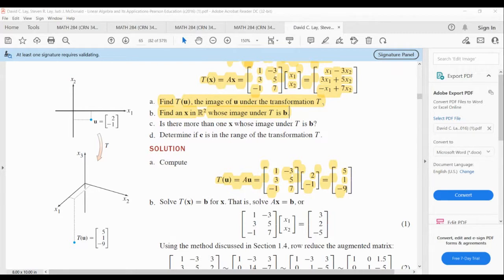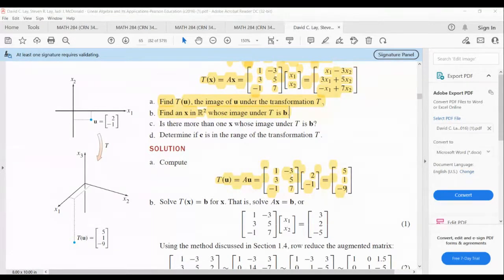You have a domain that's in R2, vectors with 2 coordinates. They live in R2, and the transformation maps those vectors into a range that lives in 3-dimensional space. It's the same kind of thing. It's just you're doing it with vectors now.